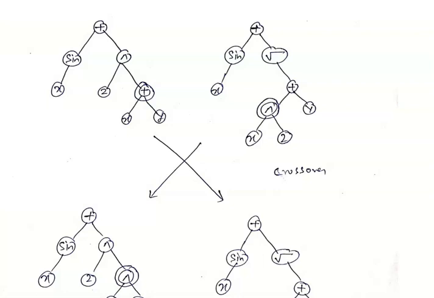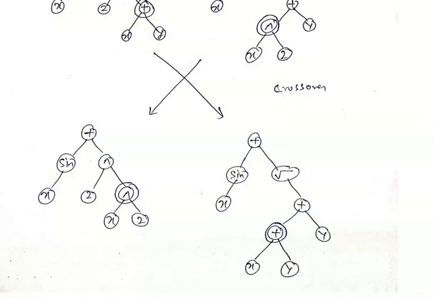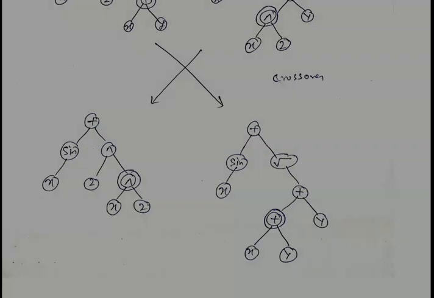The subtrees rooted at these crossover points are then exchanged to create the offspring trees. After performing the crossover, we have interchanged that particular part of the tree to reach the desired goal.